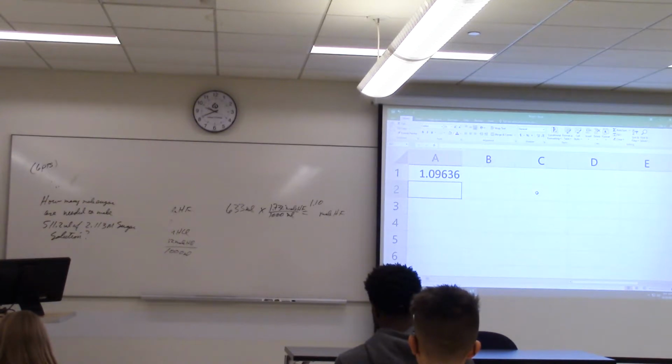How many moles of sugar, sugar is a chemical, you tend to forget that, but it is, are needed to make 511.2 milliliters of a 2.113 capital M sugar solution?